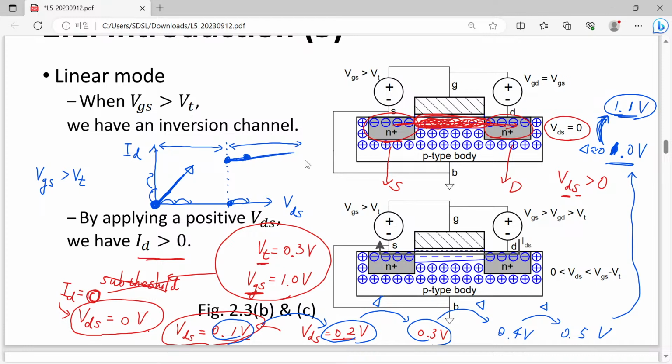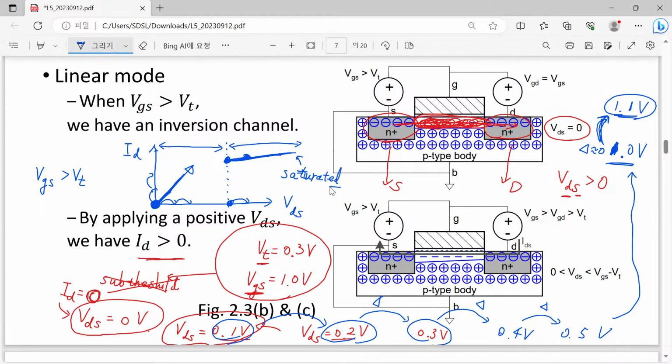So of course it increased. I want to say that it slightly increased, but compared with this steep behavior in low drain voltage, this is almost constant. So this one is called saturated drain current.